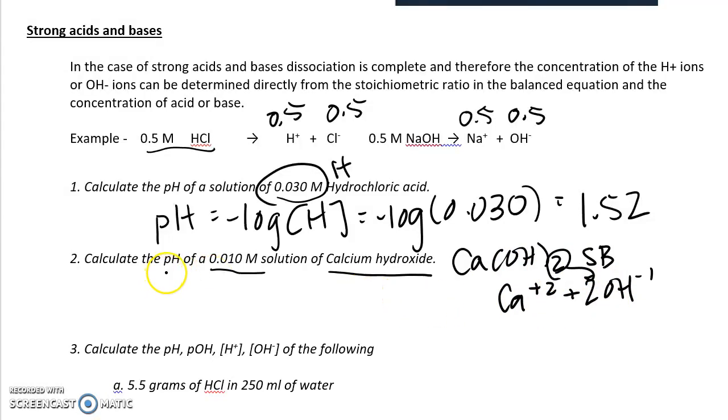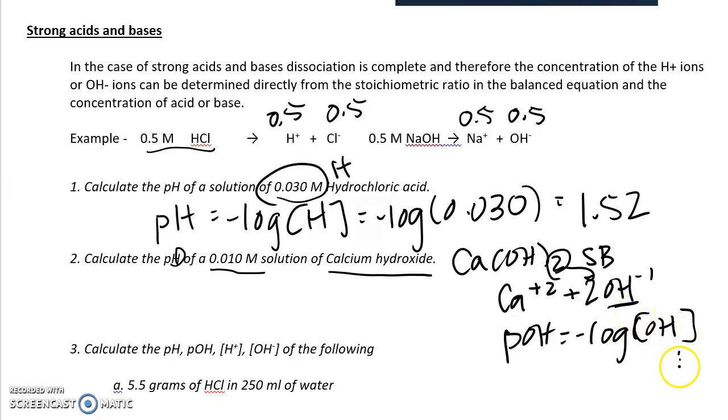Now, when we work through this, we need to find the pH. The problem is this is OH, not H, so we have to find something called the POH first. The POH is just the negative log of the OH, okay? And when we write these square brackets today, that's talking about a concentration. So that tells you what concentration in molarity you have of that thing.